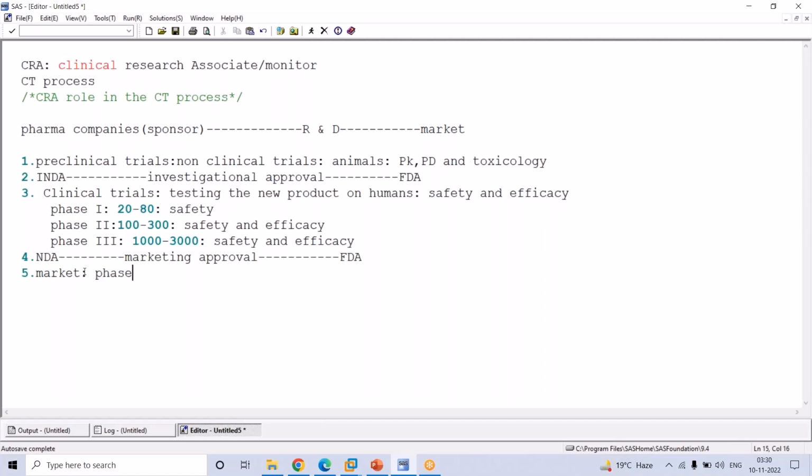Even after marketing, we still need to monitor the product. We still need to study the product even after marketing. There you start phase 4 clinical studies, also called PMS, post-marketing surveillance.